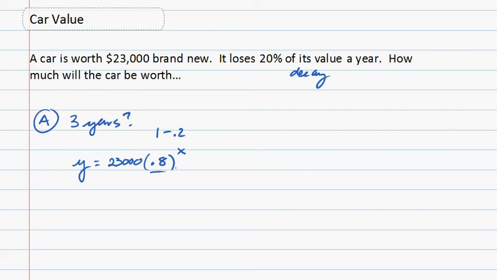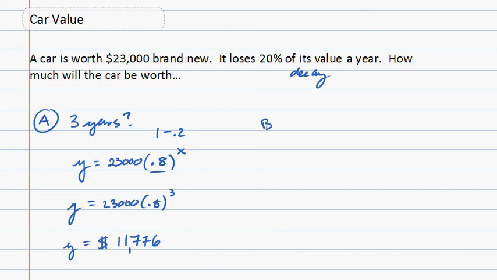And so that's kind of how this works. Alright, so after 3 years, we'll do 0.8 and we'll put 3 up there. You go to your calculator. And I am getting a value of 11,776. Alright, it's lost about $12,000 worth of its value.